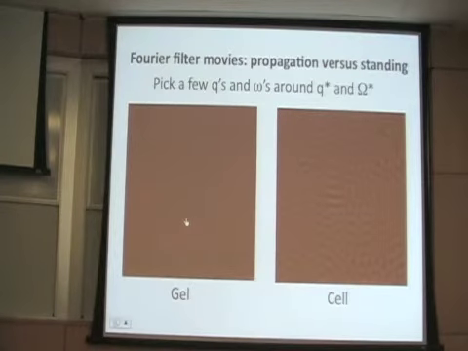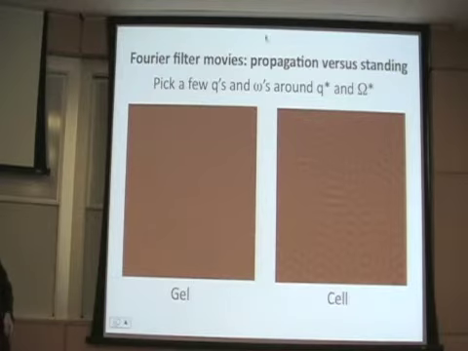I figure those length scales and time scales are important, so just to get a visual idea of what's going on, I take my data and I Fourier filter it and get rid of all wavelengths and frequencies except for the crossover. In the gel, you see basically just a couple of fluctuating dots going like this. It's almost like an optical mode, or a standing wave, with no speed, no propagation, and if you watch it long enough, you can convince yourself that each one of those little dots doesn't live for very long.